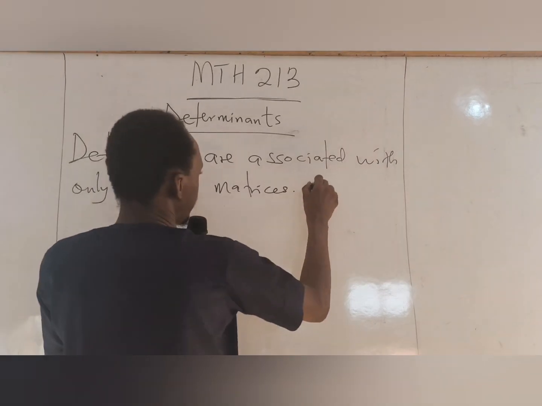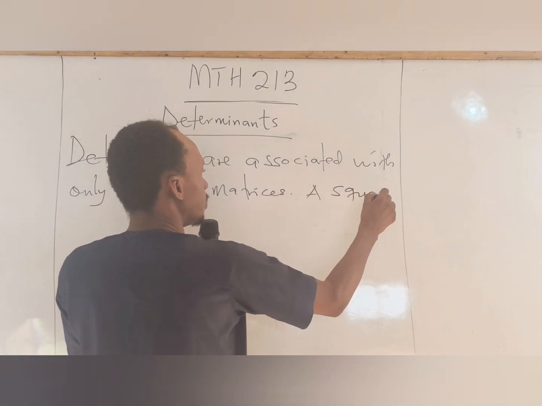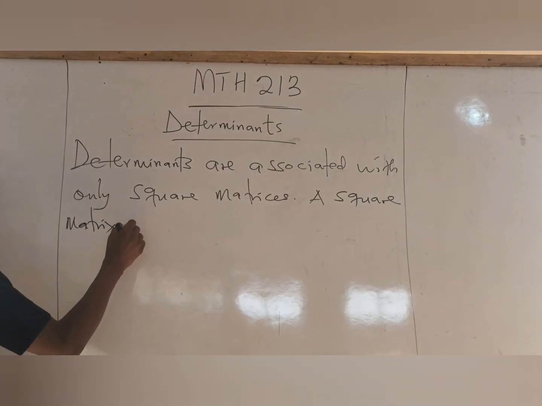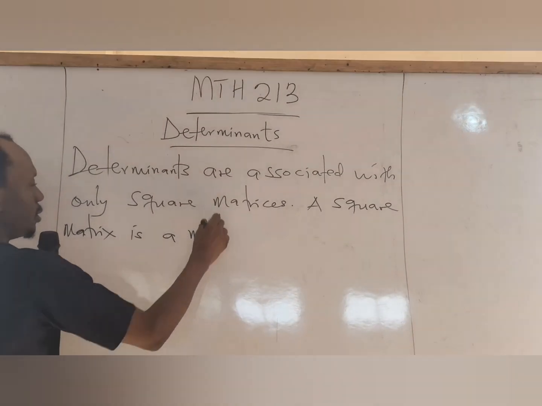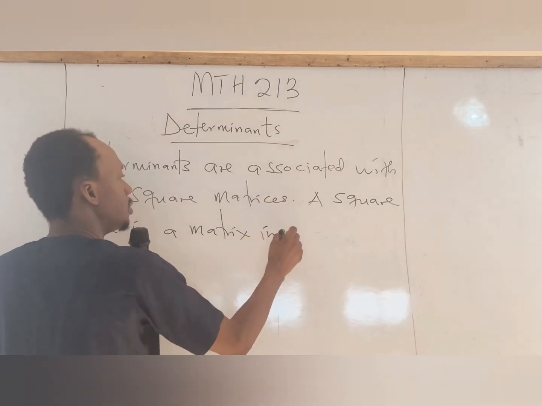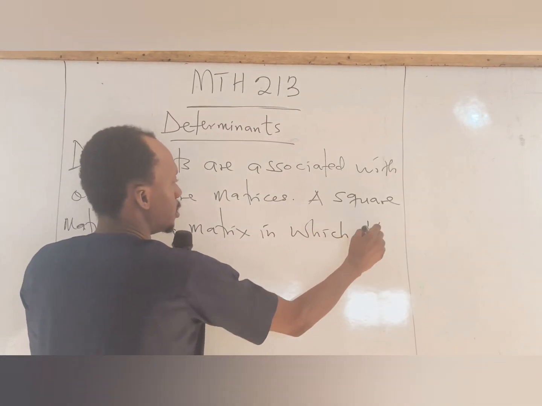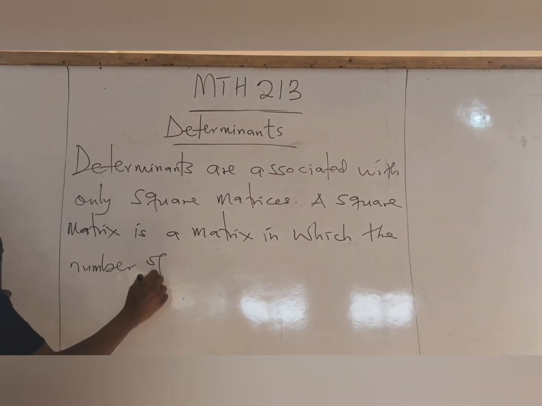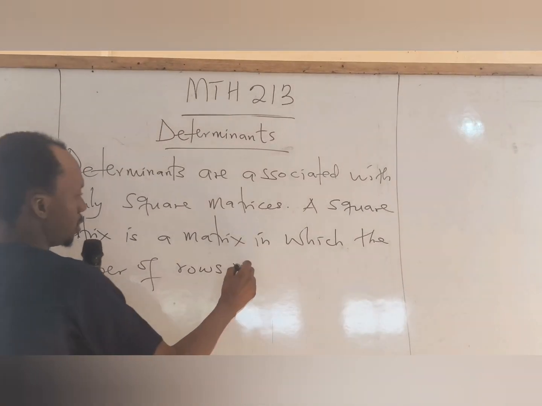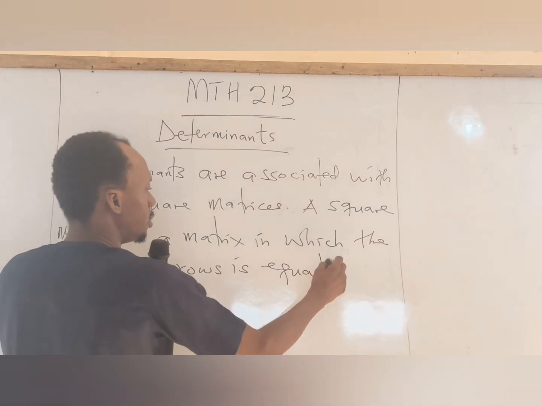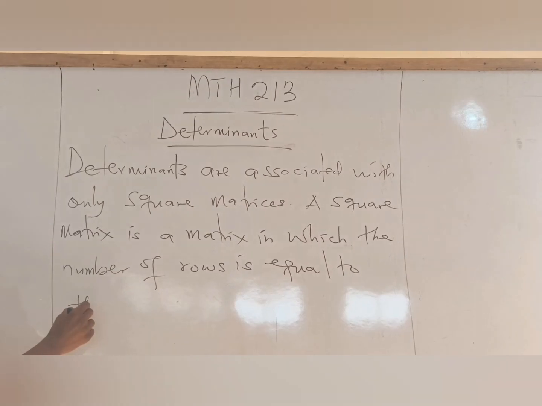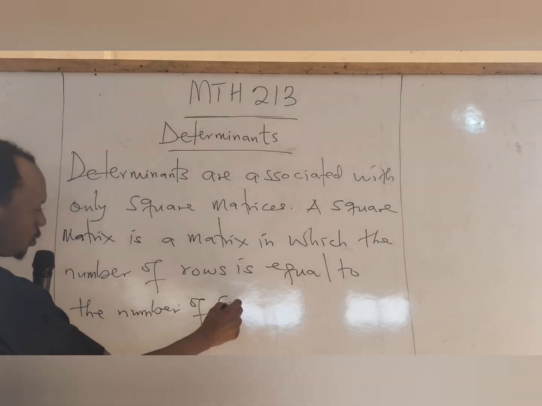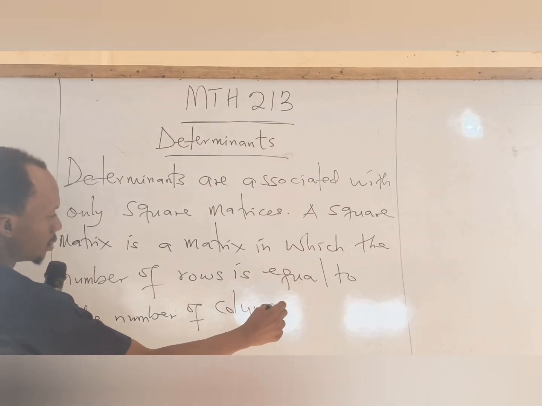A square matrix is a matrix in which the number of rows is equal to the number of columns. Full stop.